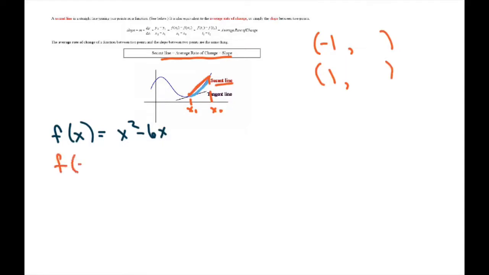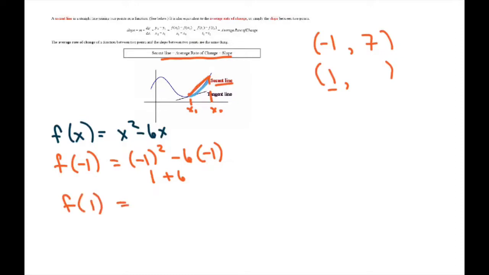So plug in -1. You get -1 squared minus 6 times -1, which is 1 plus 6 is 7. And now let's plug in 1. You get 1 squared, which is 1, minus 6, which is -5.